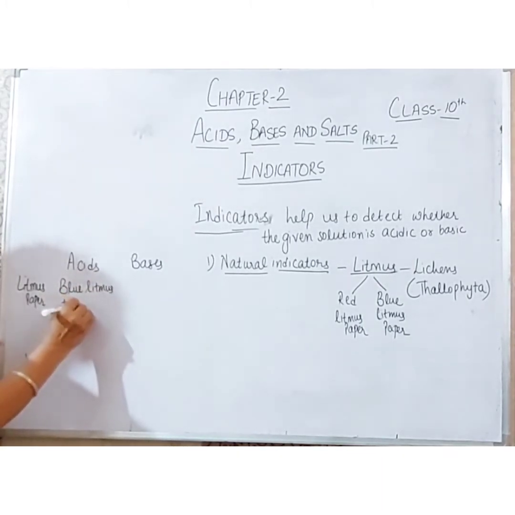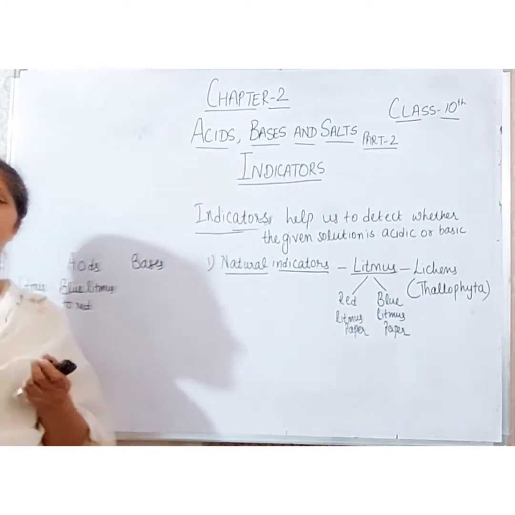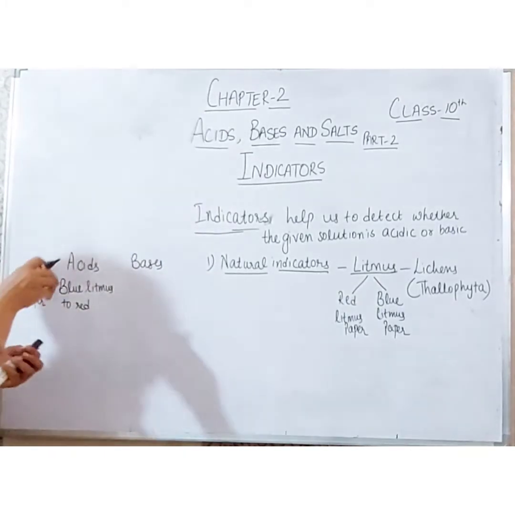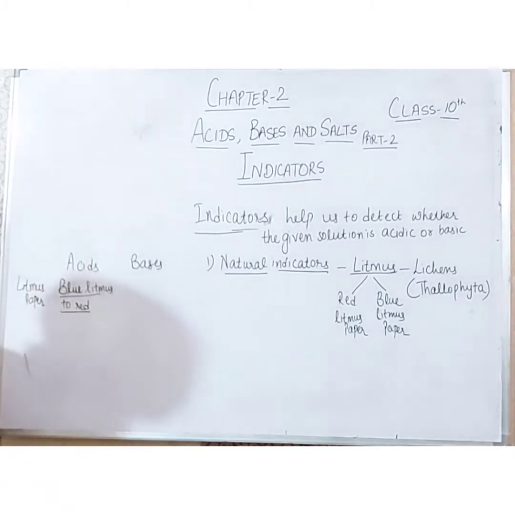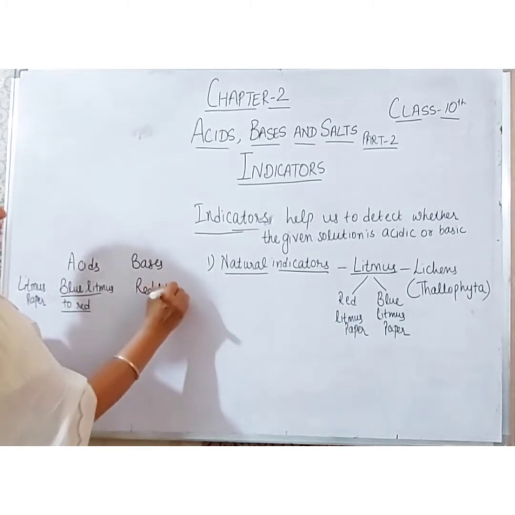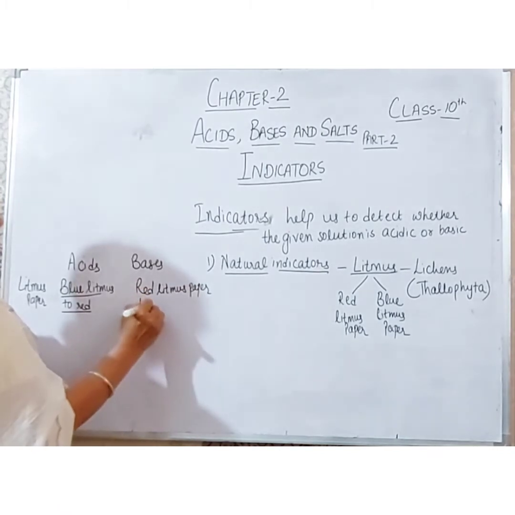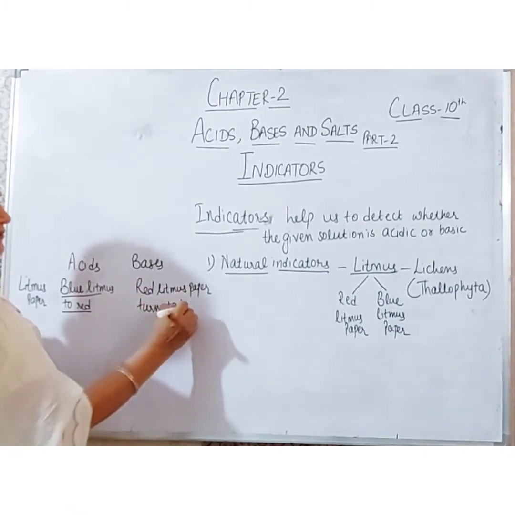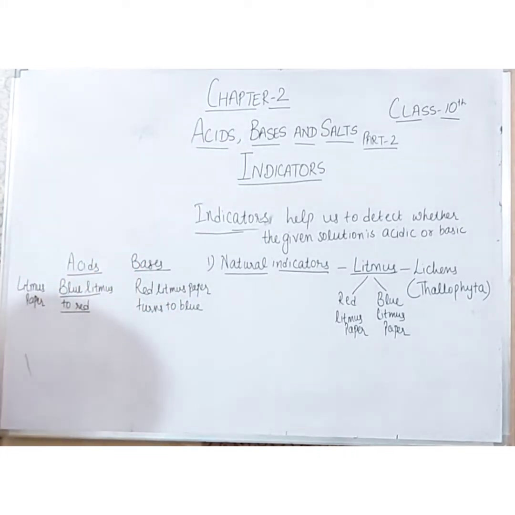If we take blue litmus paper and put 1 or 2 drops of acid on it, its color will change from blue to red. And in bases, the red litmus paper turns to blue. So this is the first natural indicator, that is litmus paper.